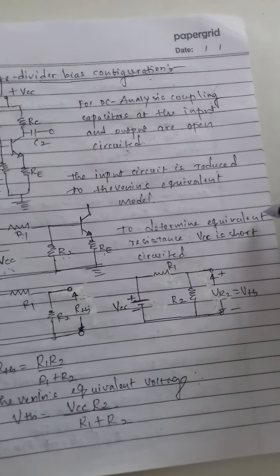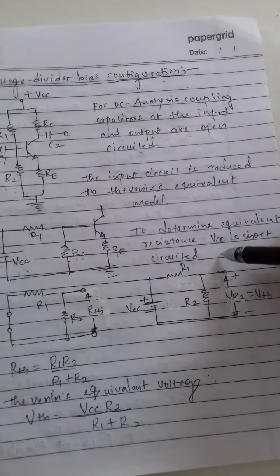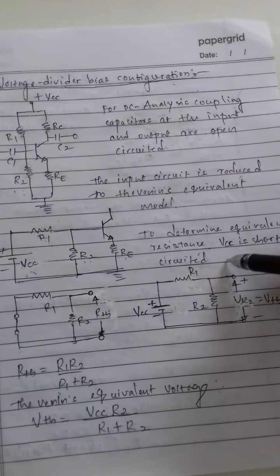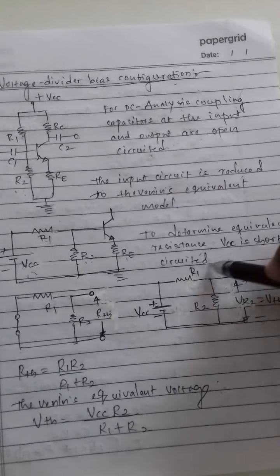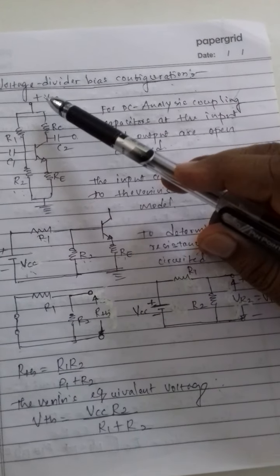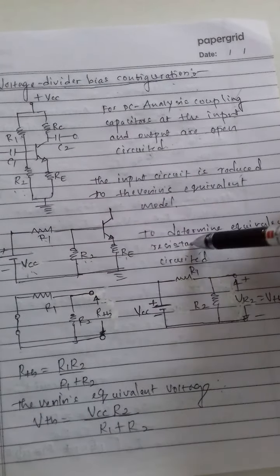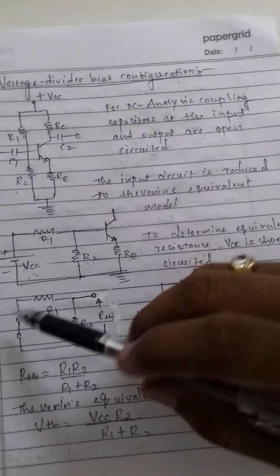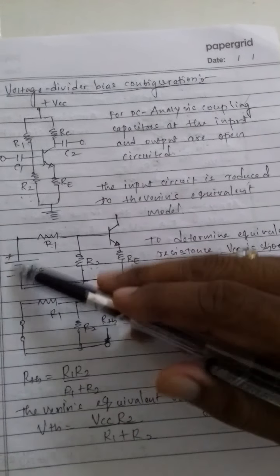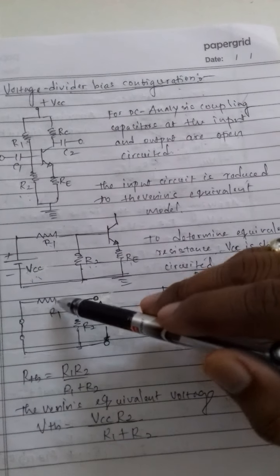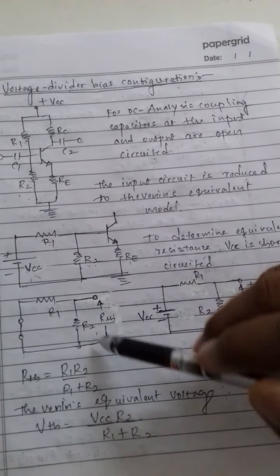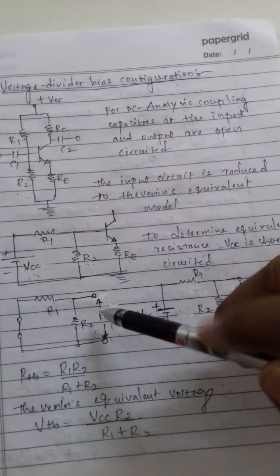To determine the equivalent resistance, that supply voltage VCC is short circuited. With VCC short circuited, resistances R1 and R2 give the Thevenin's equivalent resistance.